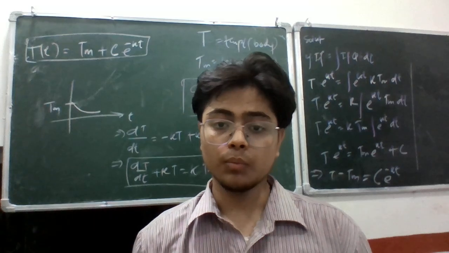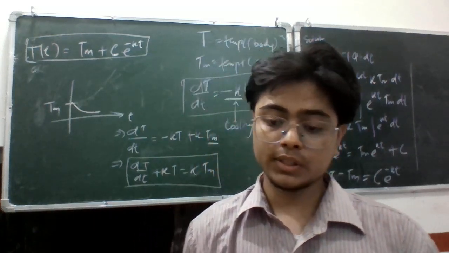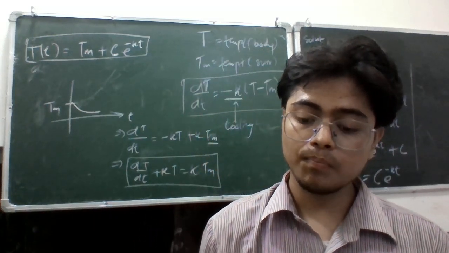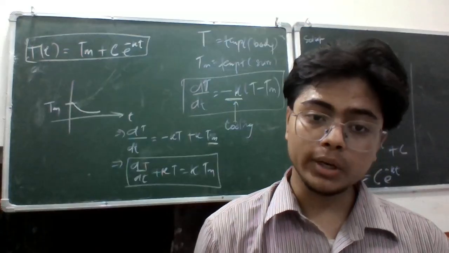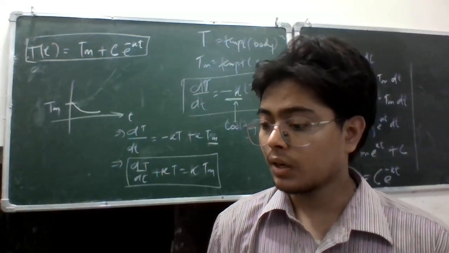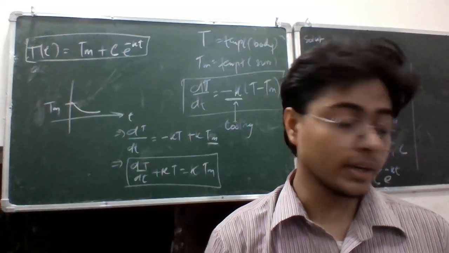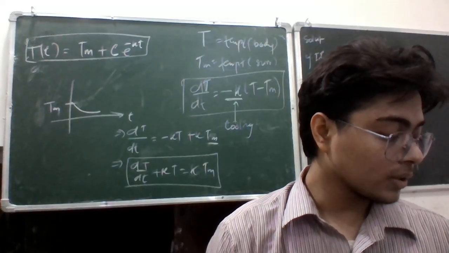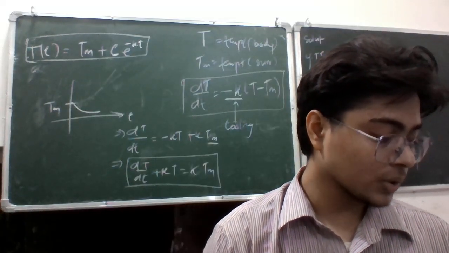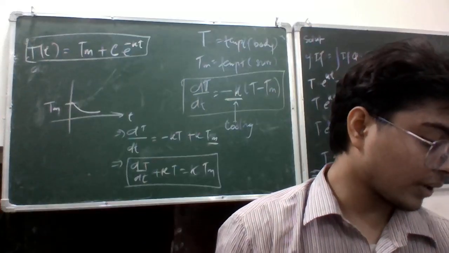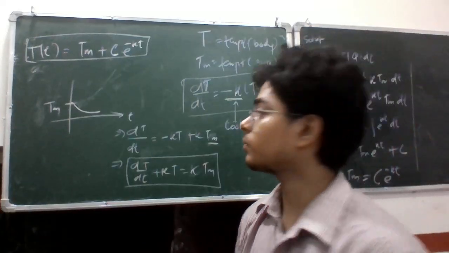Now, one of the most important differential equations in physics are falling body problems. Let's try to find a differential equation that accounts for falling body problems, as well as find the solutions of those.